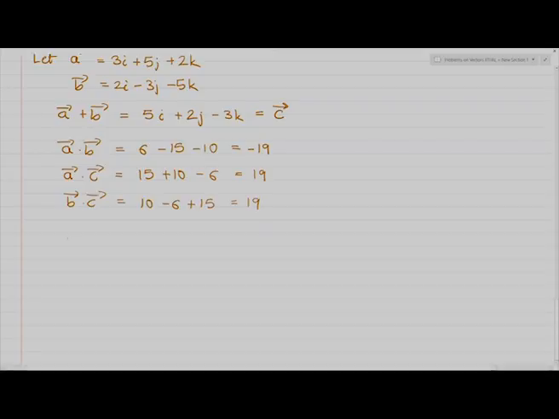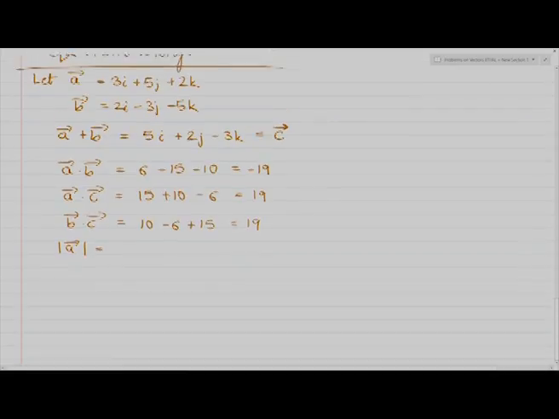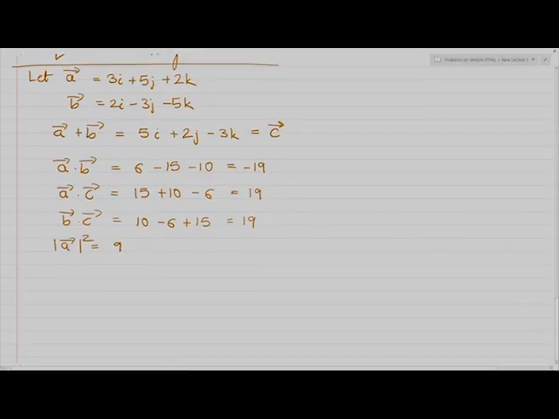Now, in order to find the angles, we also need to find mod of A bar. What is mod of A bar? That is A bar dot A bar. So, let us write mod of A bar square, does not matter. It is 9 plus 25 plus 4, which is equal to 38.